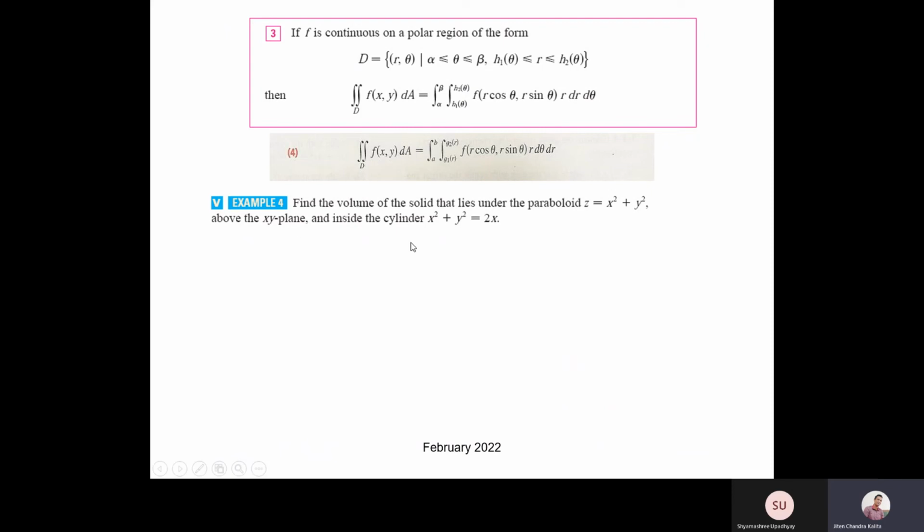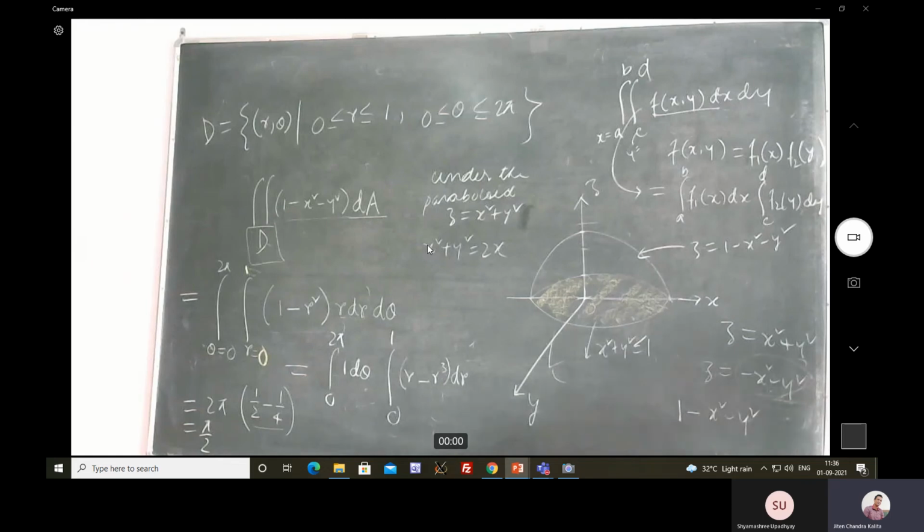Okay, so this is kind of a complicated region to draw, but I'll try.